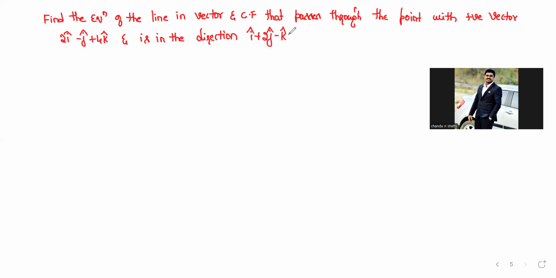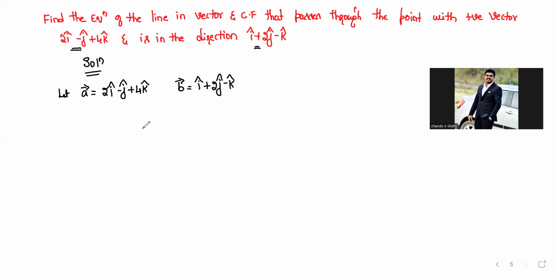Okay. So my dear students, all of you should observe what is given: this is the point and this is the direction. That means this is the point and this is the parallel vector B. Okay. Now let vector A equal 2i cap minus j cap plus 4k cap, and vector B equal i cap plus 2j cap minus k cap. Okay, so vector A and vector B we know now.